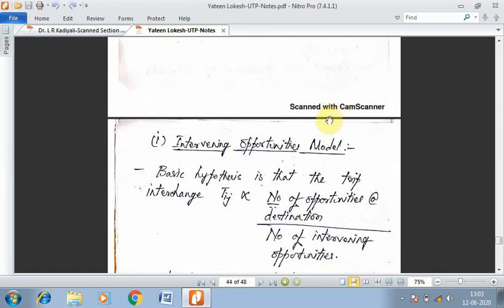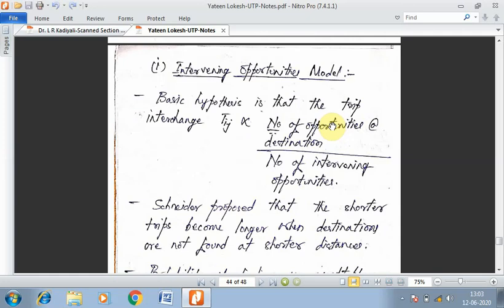So the intervening opportunity model, the basic hypothesis here is that the trip interchange, that is capital Tij, is directly proportional to the number of opportunities and destinations in the zone or region where the attraction is taking place, and this capital Tij is inversely proportional to the number of intervening opportunities.